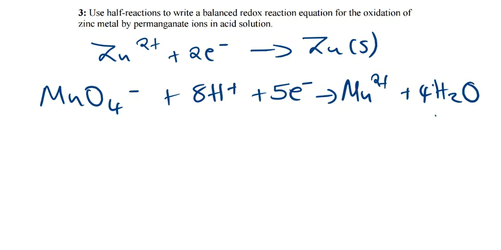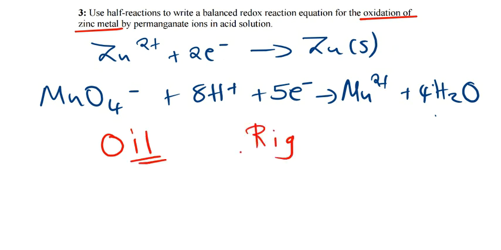Now we are told oxidation of zinc metal. So this metal is being oxidized. Oxidation, I've already been telling you, OIL RIG. Oxidation is loss, reduction is gain. That's what these stand for. I hope you remember that.